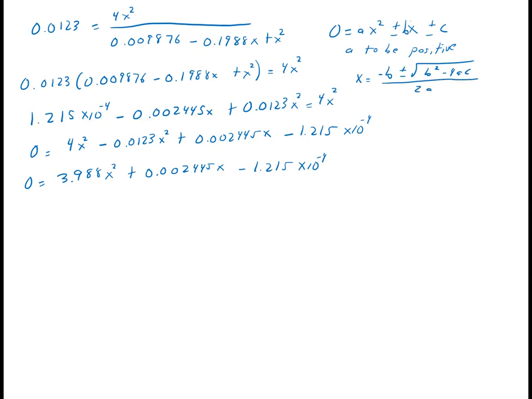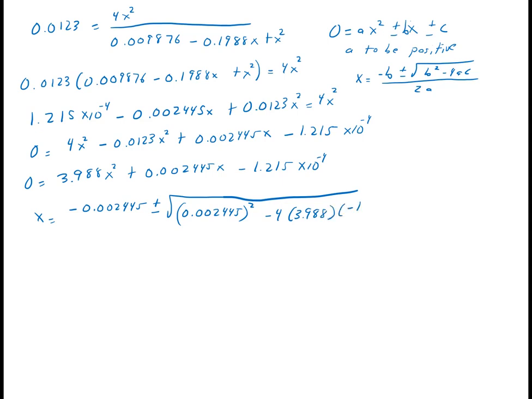So substituting this in, x is equal to a negative 0.002445 plus or minus the square root of b, which is 0.002445 squared, minus 4 times 3.988 times a negative 1.215 times 10 to the minus 4th.